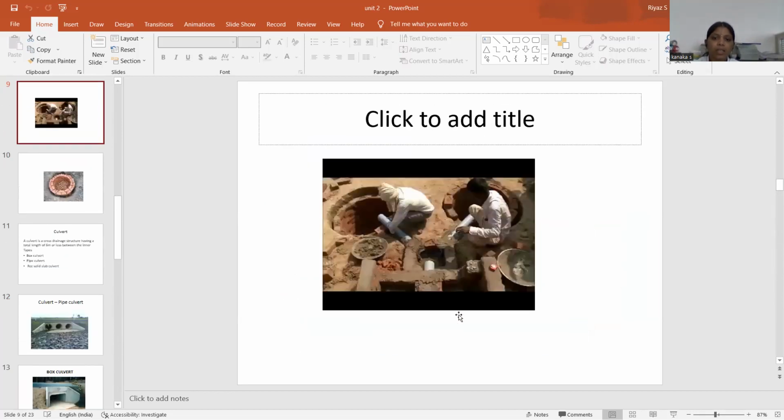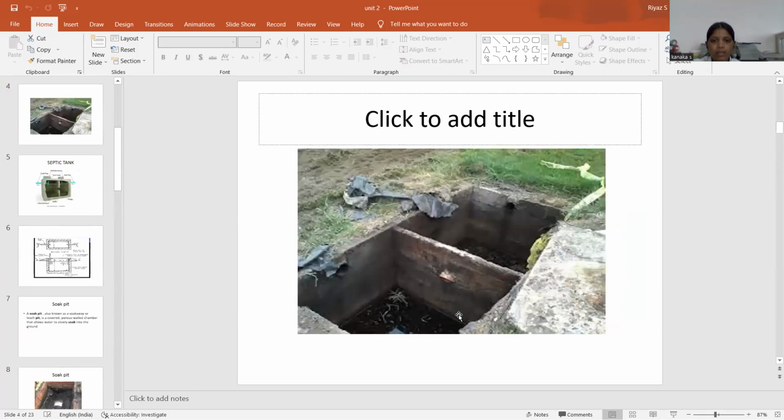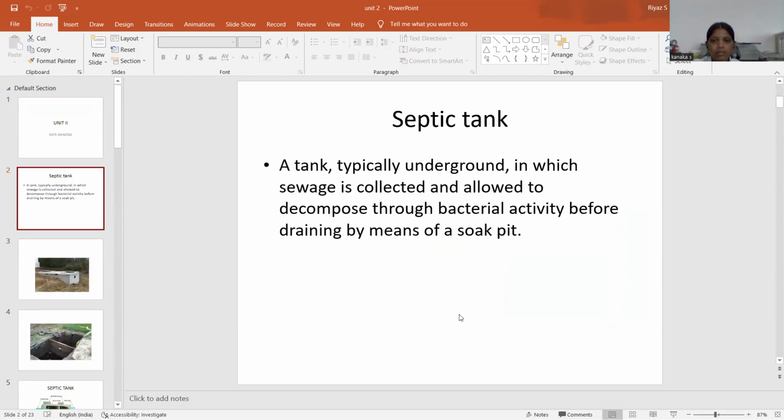So to cover the topic of reinforced cement concrete, how many quantities are required and the rate is analyzed. So the rate analysis methods.